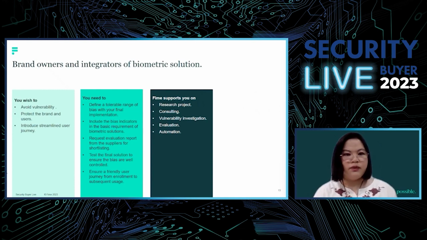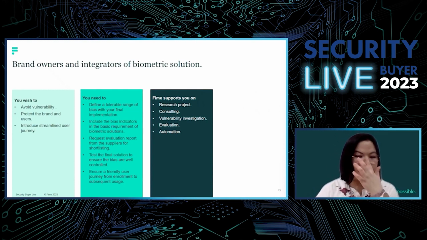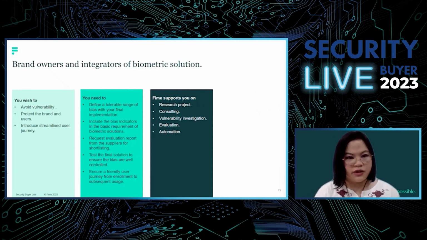In this case, in order to reduce or mitigate bias, you will need to define a tolerable range of your implementation, and then include these criteria in the basic requirements when deciding which biometric solution to select.